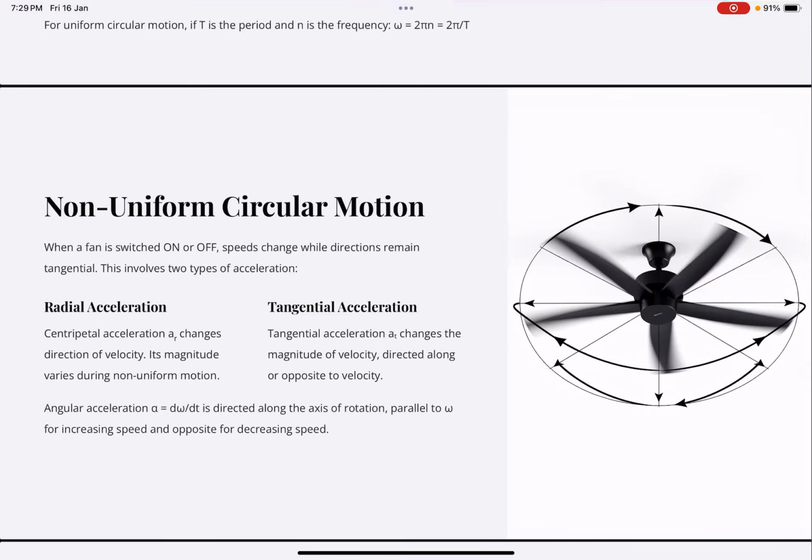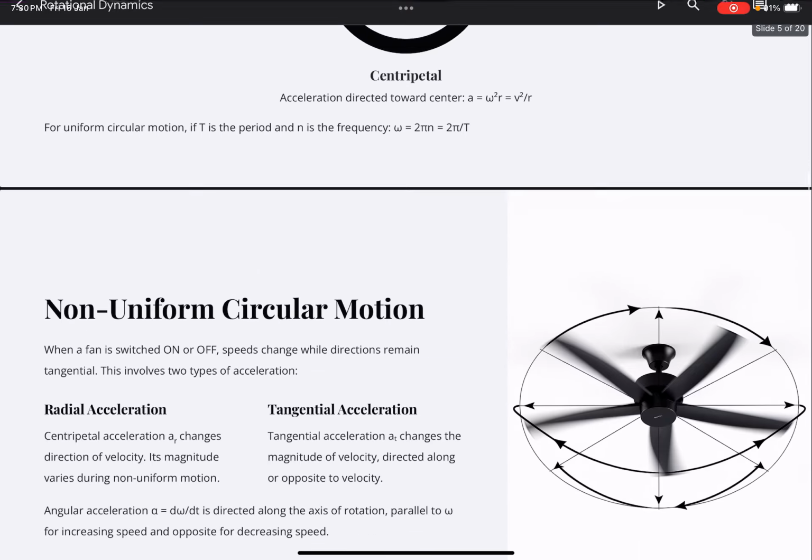Centripetal acceleration changes the direction of velocity, and tangential acceleration changes the magnitude of velocity, that is, it changes the speed. So both the tangential as well as radial accelerations are present in non-uniform circular motion. You have to compare that with uniform circular motion, which has only the centripetal acceleration.